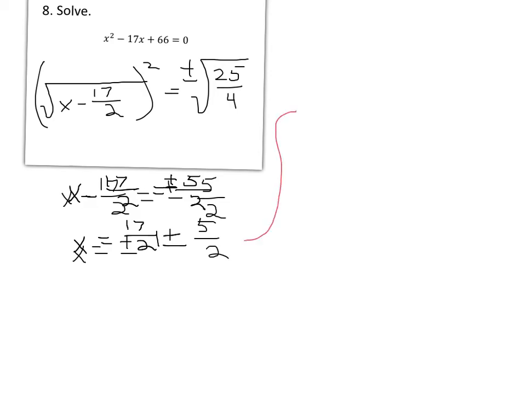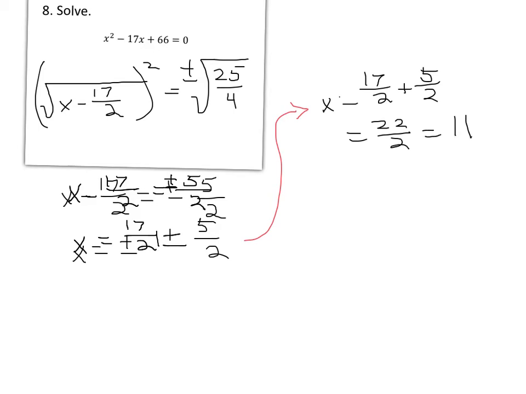So the first one is x equals 17 halves plus 5 halves, which is 22 halves, which is 11.